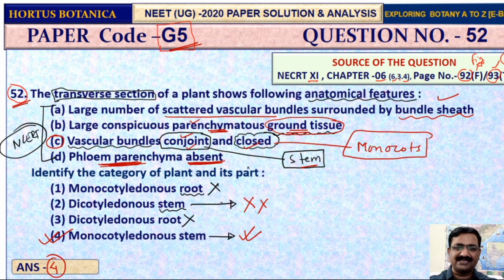If you recall your NCERT lines, you can easily conclude that it is the monocotyledonous stem. But the very distinguishing character, as I told you first, is vascular bundle conjoint and closed.